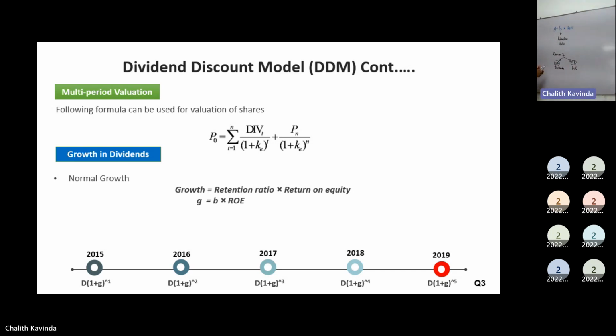The amount that you pay, we commonly call your payout ratio, and the amount that you keep with you, we call the retention ratio. So payout ratio is simply 1 minus how much you keep. Retention ratio equals 1 minus how much you pay. Simple, huh?